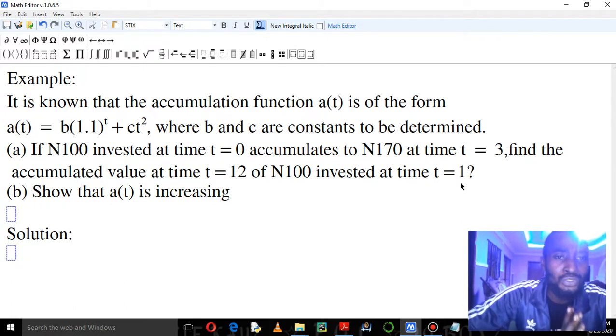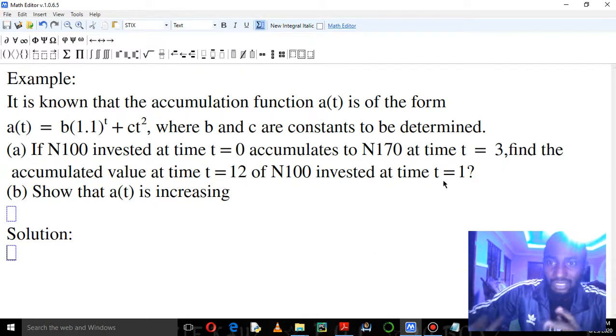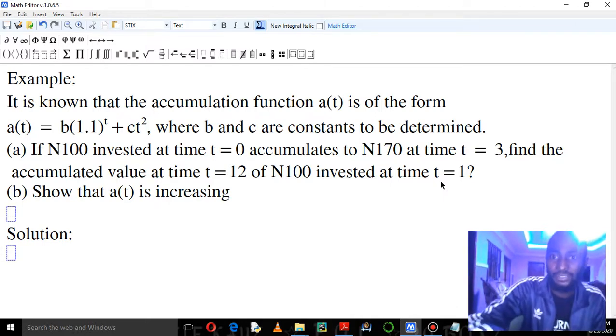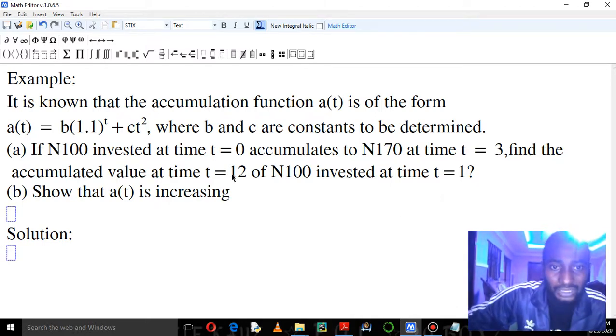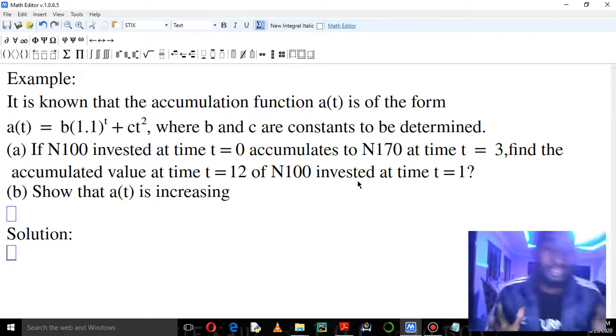We are going to use our accumulation factor or growth factor. It is at time t equals 1, not at time t equals 0. So this one is your s and this 12 is your t. Using the previous video, go and watch the previous videos. So let me just try to solve this part A first.